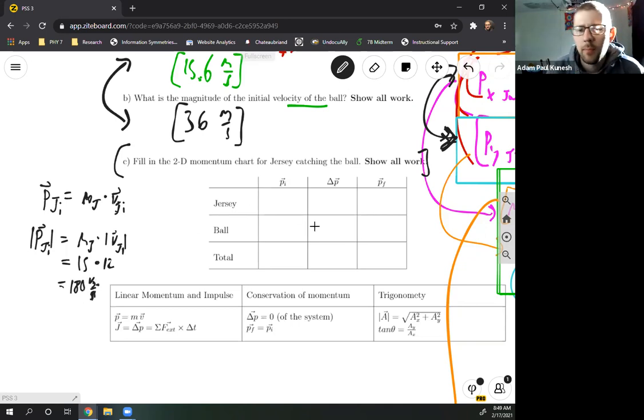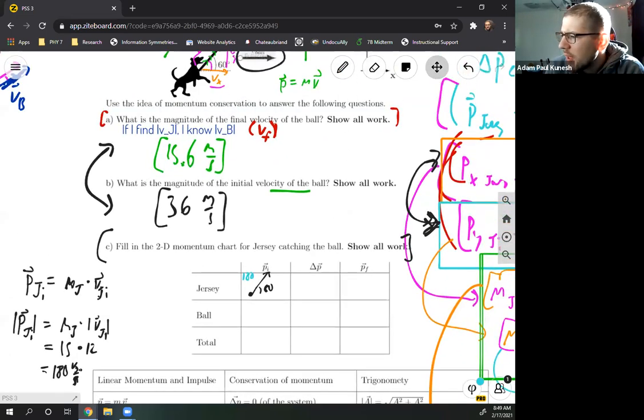So Jersey's initial momentum points up 60 degrees, and it has length 180. I'm going to put the length of the vector in the top left corner. 180. Okay, now for the ball.